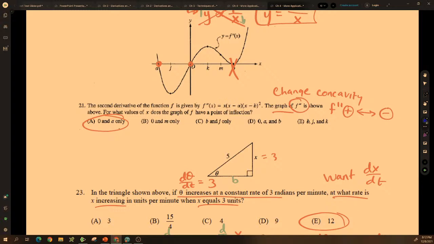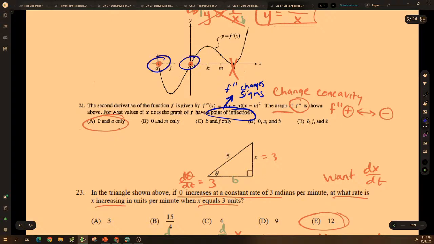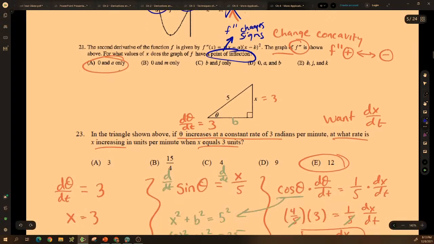And then the graph of f double prime is shown above. For what values of x do we have a point of inflection? Again, a point of inflection on a second derivative graph is where f double prime changes signs. It needs to pass through. And so A does pass through, 0 does pass through, B does not pass through, it bounces back there. So it's choice A, just 0 and A.